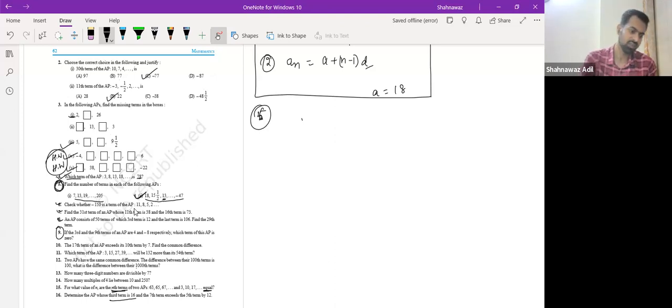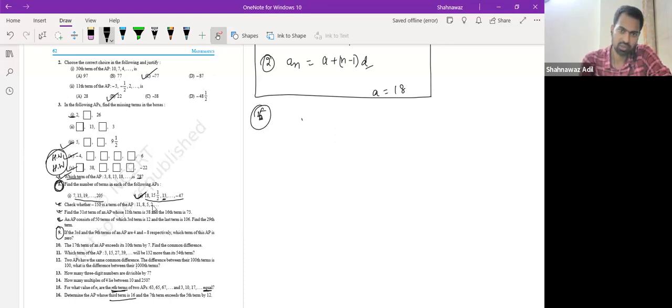Just like the case of the irrational numbers, where we had to prove whether root 2 was a rational number or not. We assumed that it is a rational number, and then we proved our assumption wrong, right? So in this case also, we have to check whether this minus 150 is a term or not. So firstly, we'll assume that this is a term, right?